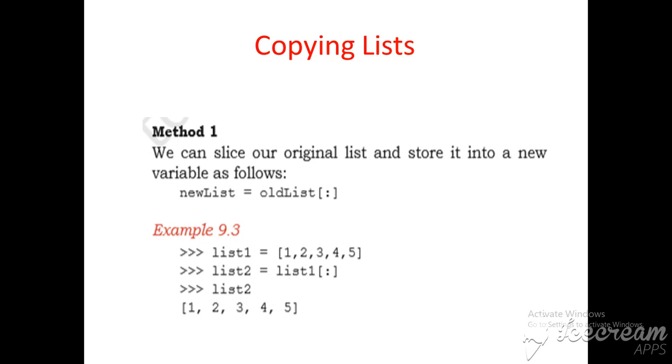The syntax is new list equal to old list with a single colon in brackets. For example, list1 is equal to 1 2 3 4 5, then list2 is equal to list1 with a colon in brackets. So list1 is copied to list2. If we add anything to list2, it is not reflected in list1. This is one method of copying a list, using slicing.